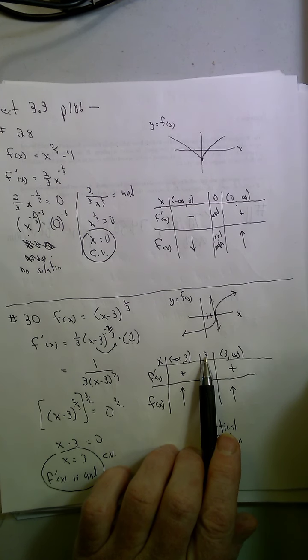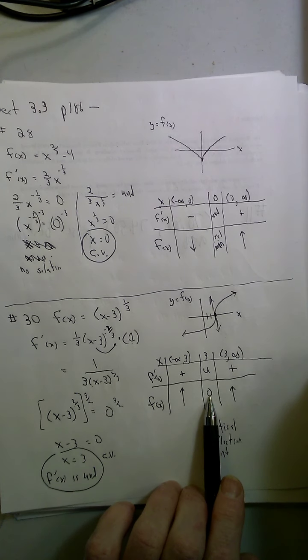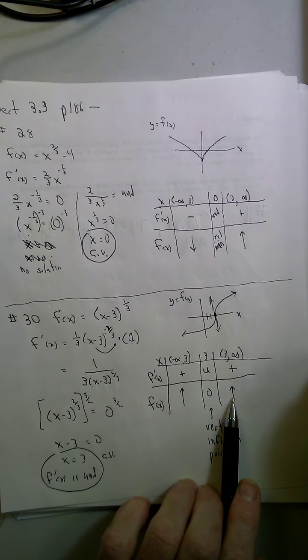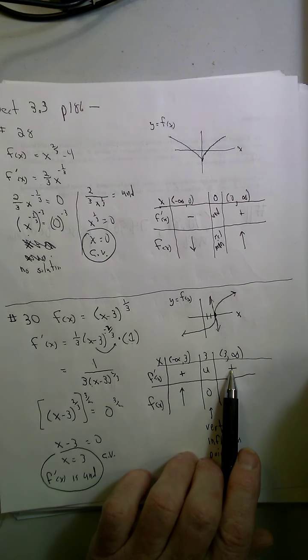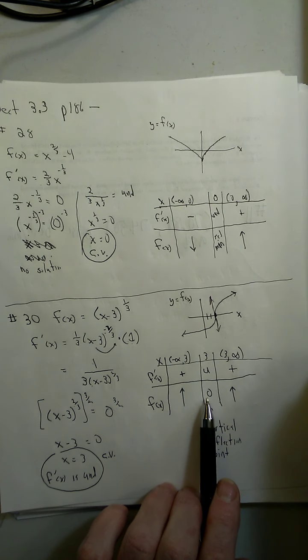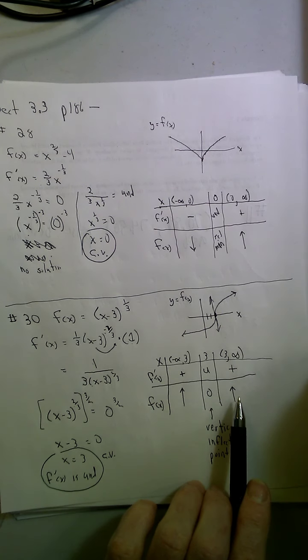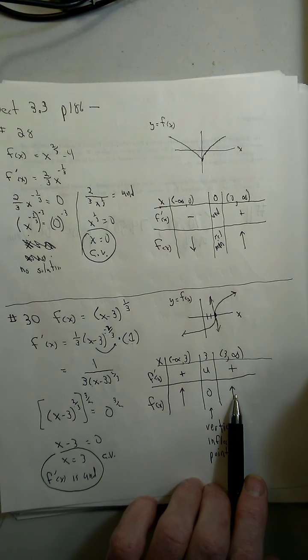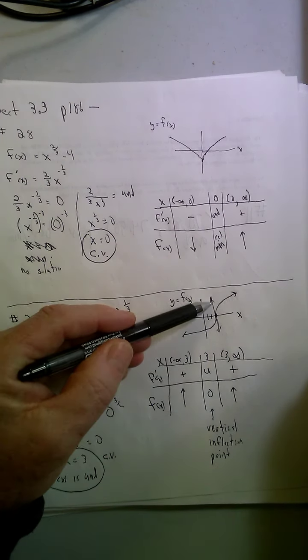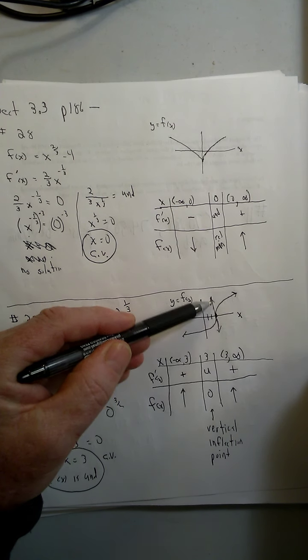At x equals 3, the value of the function is 0. It then goes to increasing because the derivative is positive. So function is increasing, value becomes 0, and it continues to increase. So since the derivative is undefined, this is a vertical tangent line.